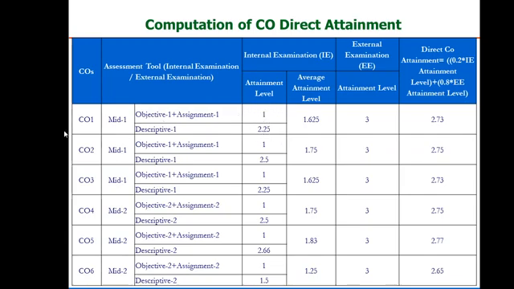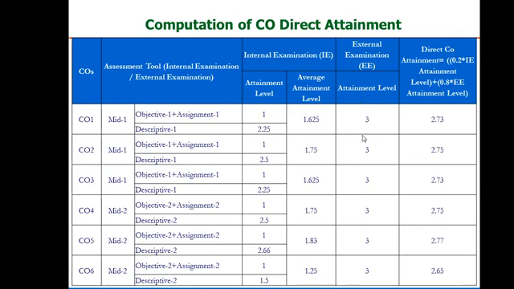The overall direct attainment of CO1 in internal examination, by taking the average of these two components, 1 plus 2.25 by 2, you will get 1.625. Then for the external examination, by taking the average pass percentage, the attainment level will be calculated based on the end exam results.